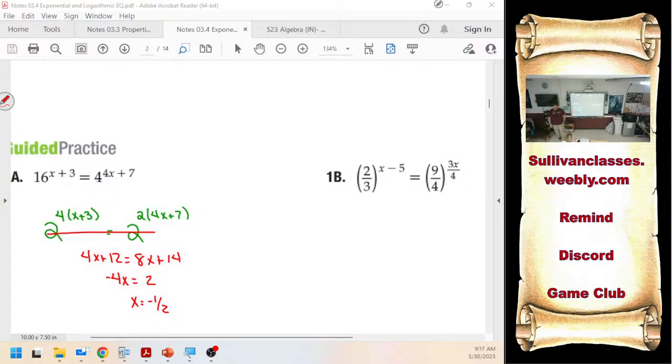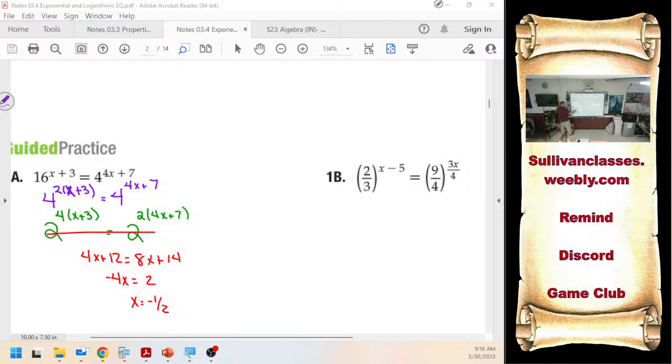I'm betting most of us didn't go to powers of 2 on the first one. Did you get the same answer? Right? Whether I call this 4 to the second, is 4 to the 4x plus 7.